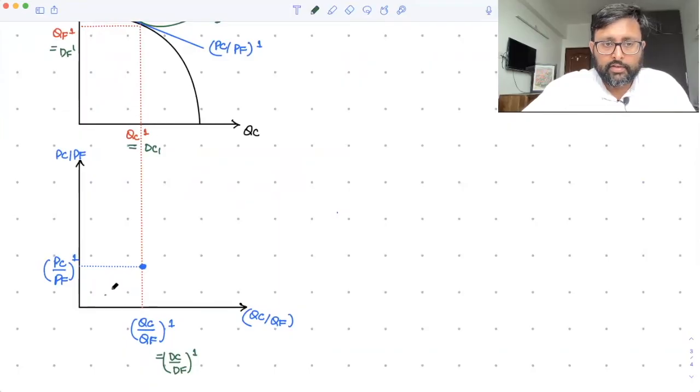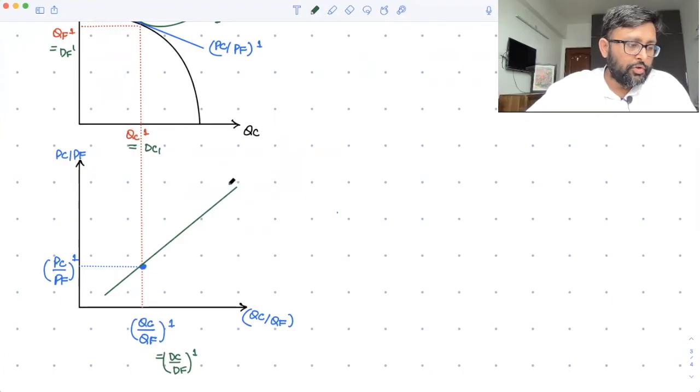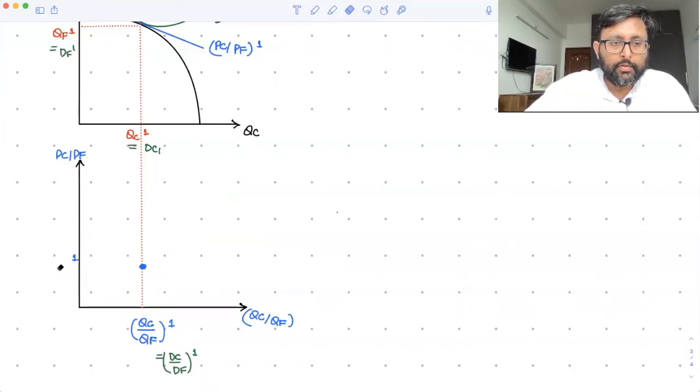So this was your relative supply curve, which we have shown already. I want it to be a little higher, because this will unnecessarily create a problem.